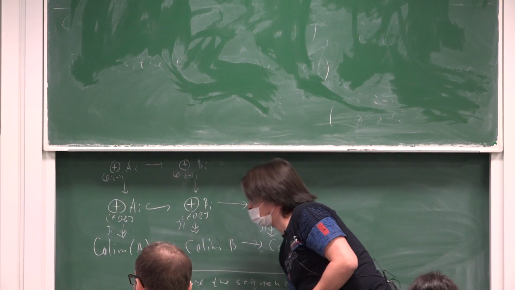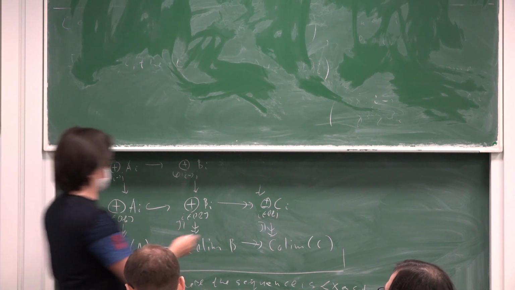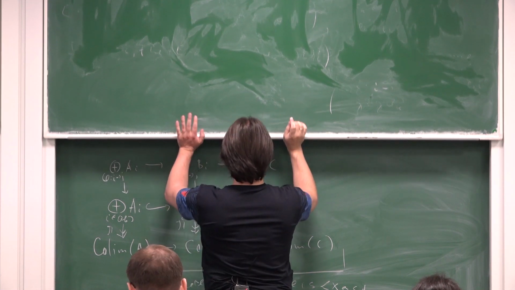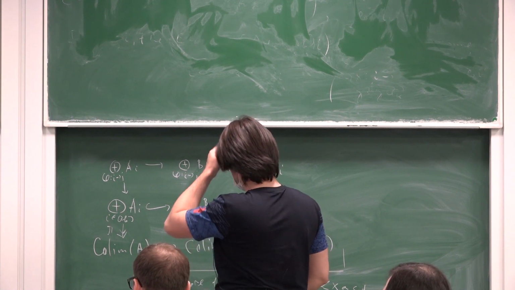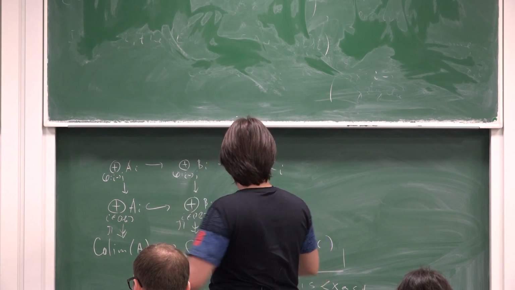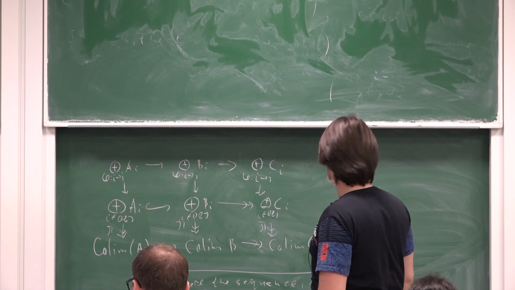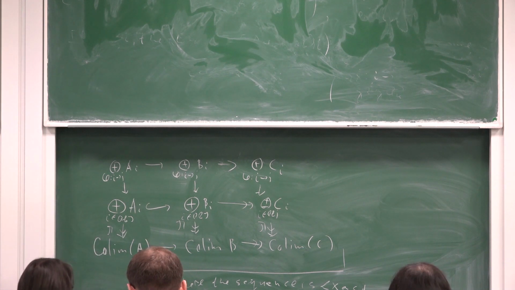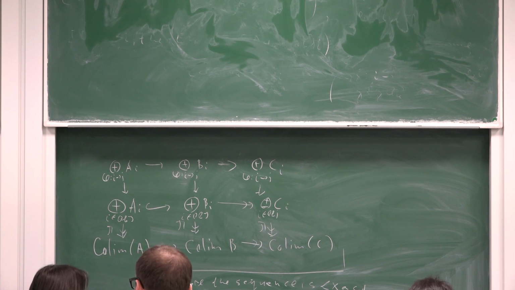So when the lemma is proved, assume that in this diagram our category J is filtered.